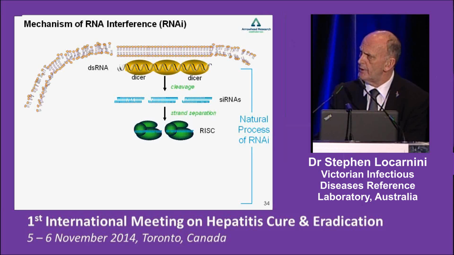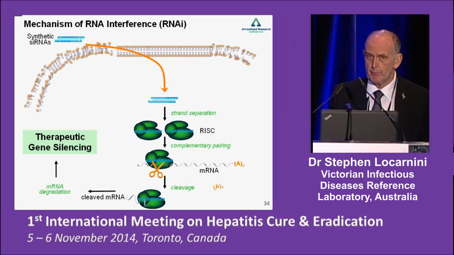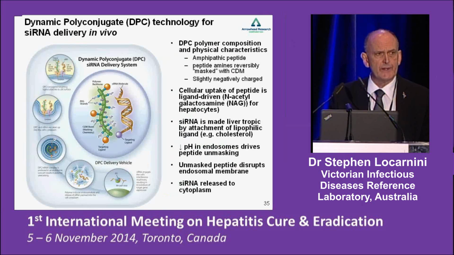And that has been exploited to do selective gene silencing in terms of targeting genes, and probably how the microRNA apparatus works as well. So it's now possible to deliver synthetic siRNAs; if you have the 18 to 21 nucleotide length set up for you, it goes through RISC, and you can do selective gene targeting. Now, as I said, the big problem with all the molecular-based therapies in the past has been delivery.